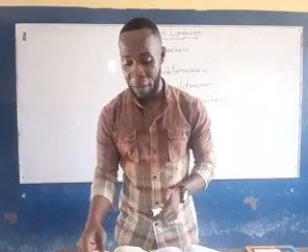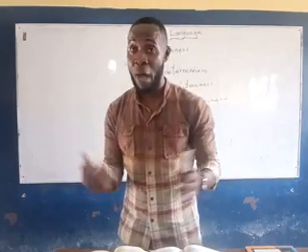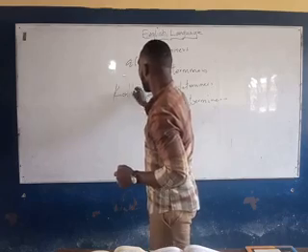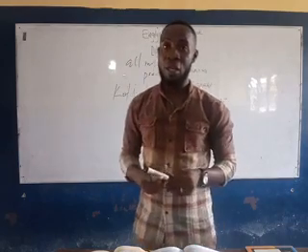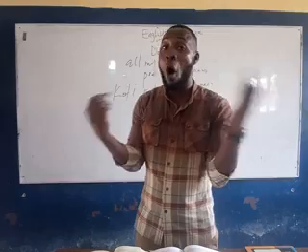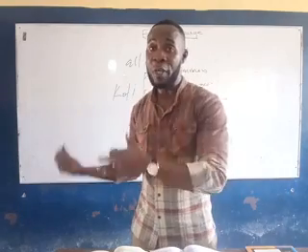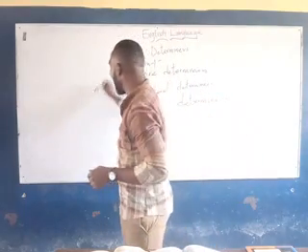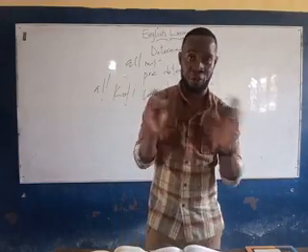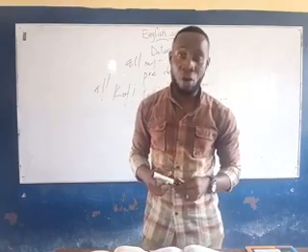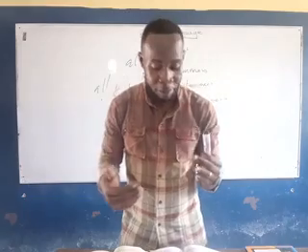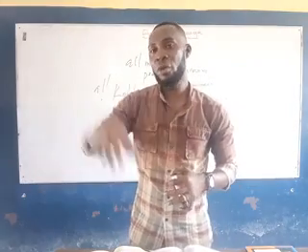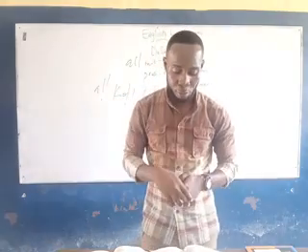For instance, if you have a proper noun like Kofi, you cannot use the predeterminant all with Kofi in a structure. Is that understood? So all is a predeterminant, but it cannot be used with Kofi in a structure. Good. So not every predeterminant will determine the noun to use. So you have to consider the noun in question before you choose the determiner to be used.